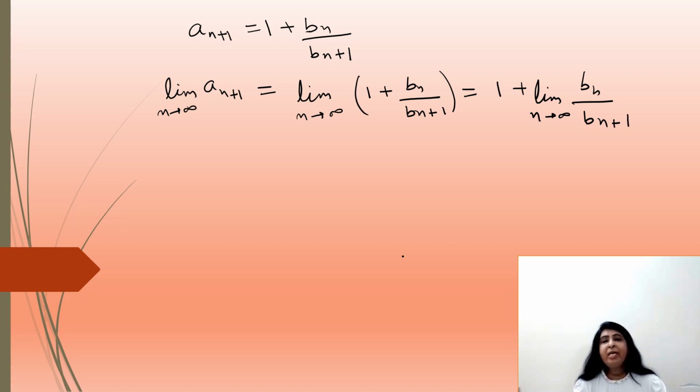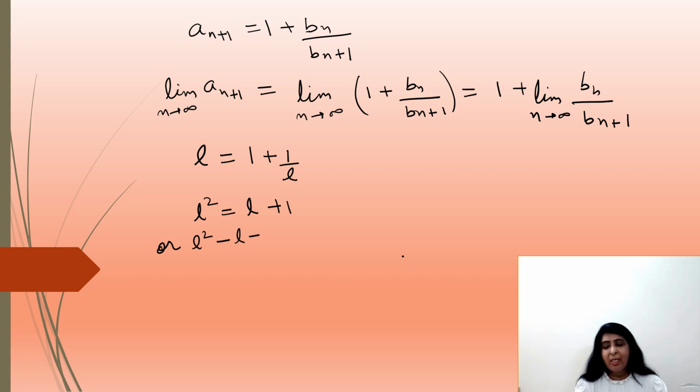Now the limit as n approaches infinity of an plus 1 is equal to l, which is equal to 1 plus 1 by l. So solve it. On solving it, we will get a quadratic, l square minus l minus 1 is equal to 0.